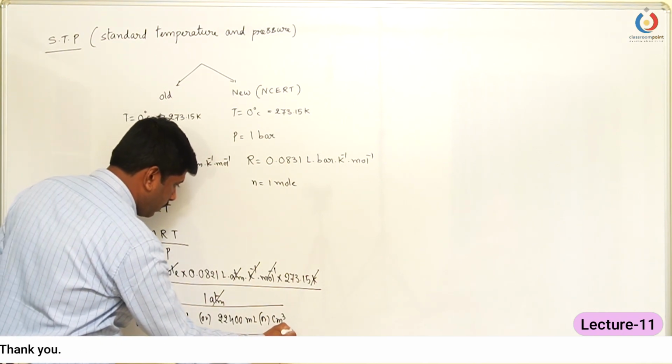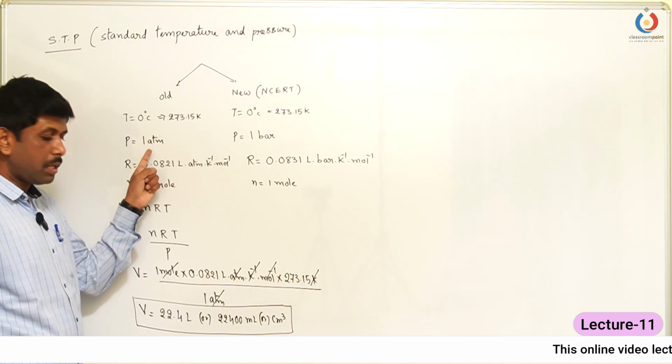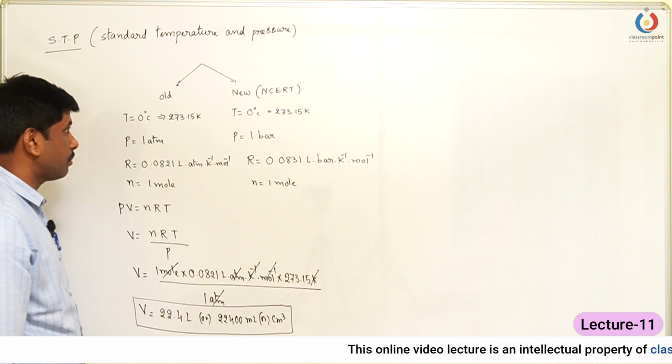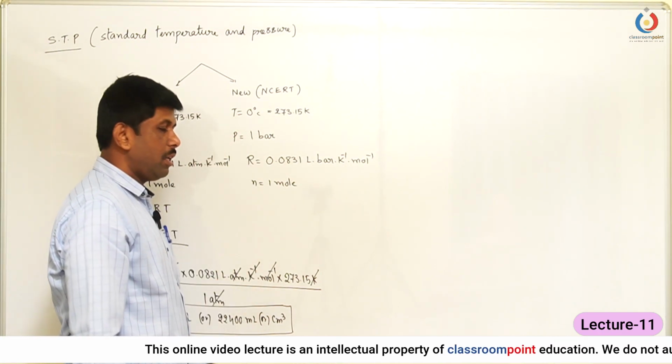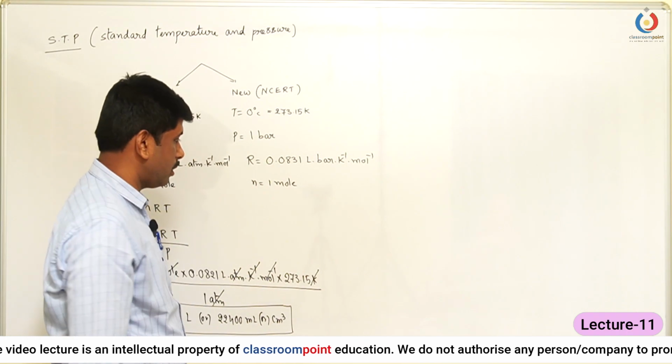That means 1 mole of the gas at STP, when pressure is 1 atmosphere, occupies 22.4 liters of volume.